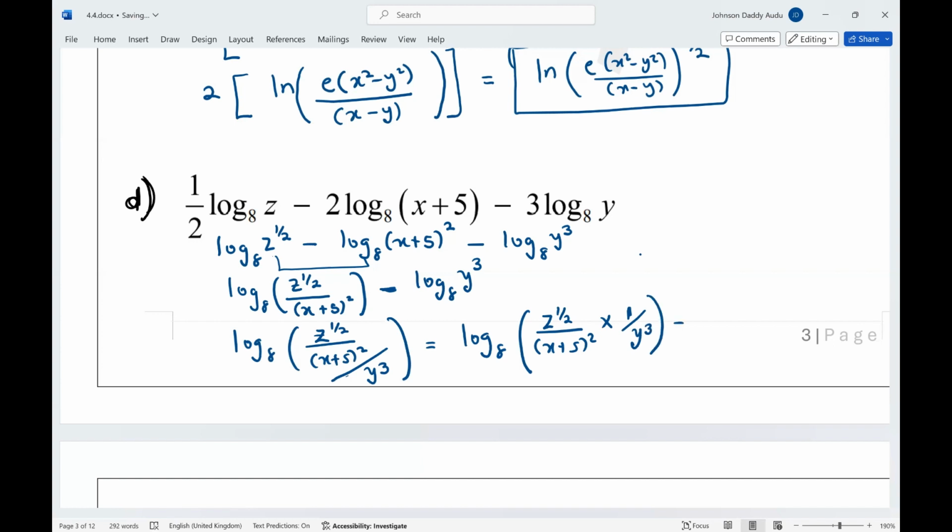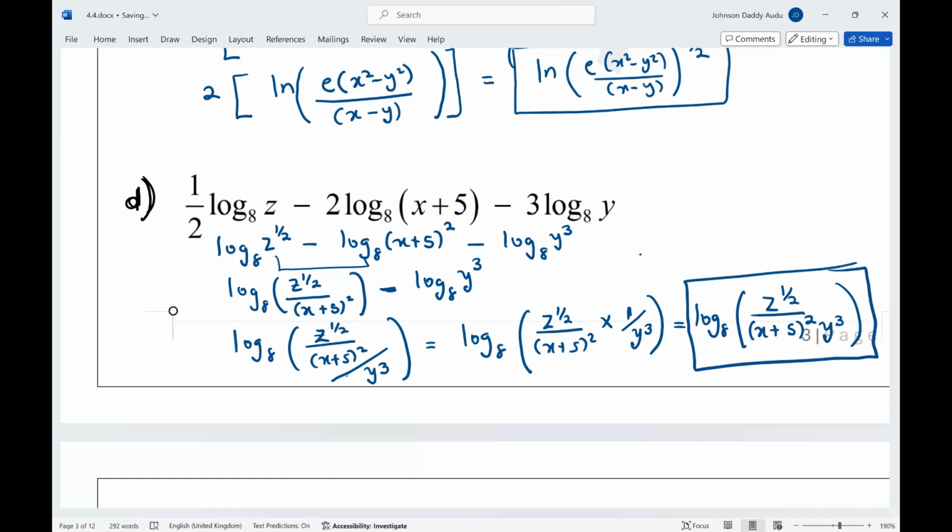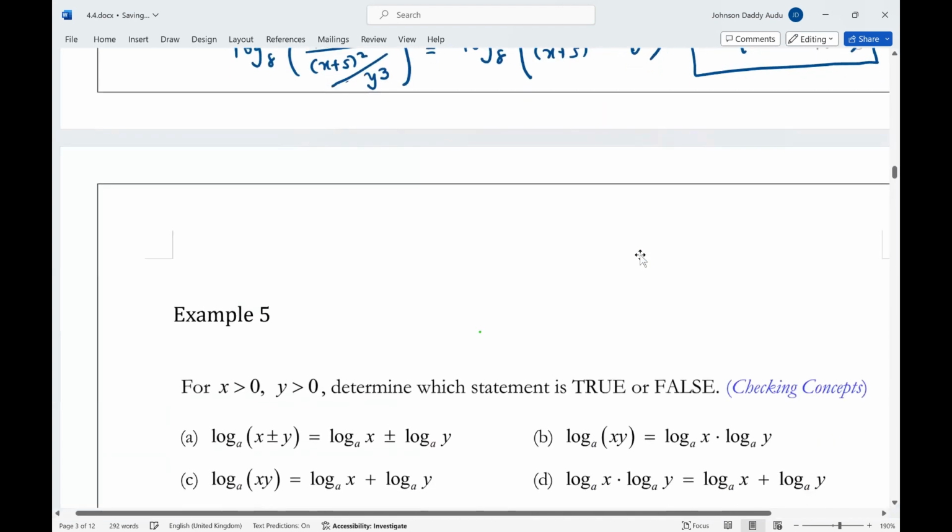And finally, our answer will just be log to base 8 of what? Z half divided by x plus 5 to power what? To power 2, and then y to power 3. So you can see this is one term only. So this is how to combine.